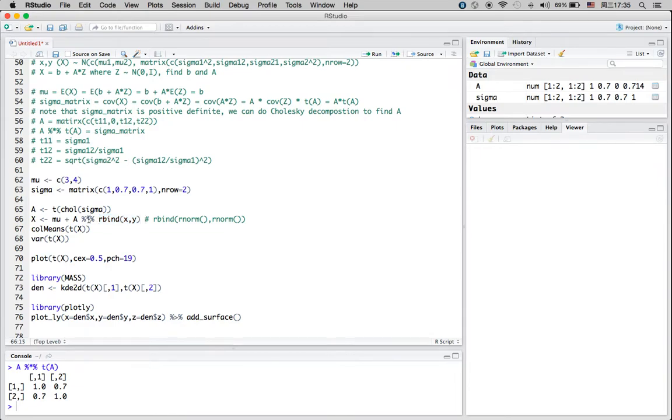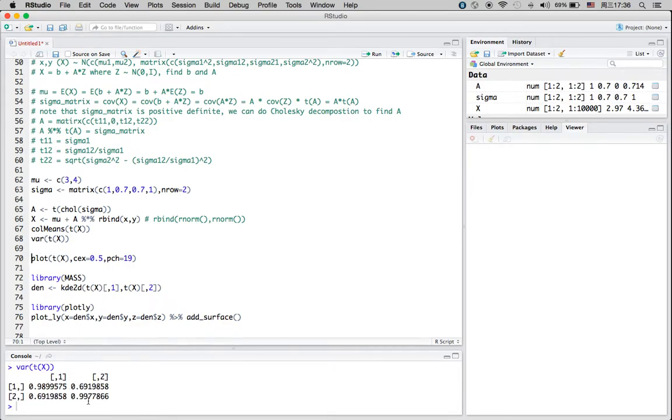So I just borrowed the standard normal we created in the previous example, and here I construct our new variables. So x is equal to mu plus A times z. Let's see, the mean of the new variables is 3 and 4. That is our target, the mu for our target distribution. Let's take a look at the variance of our new variables.